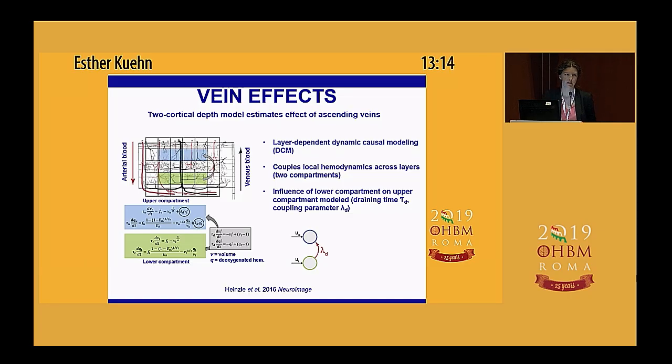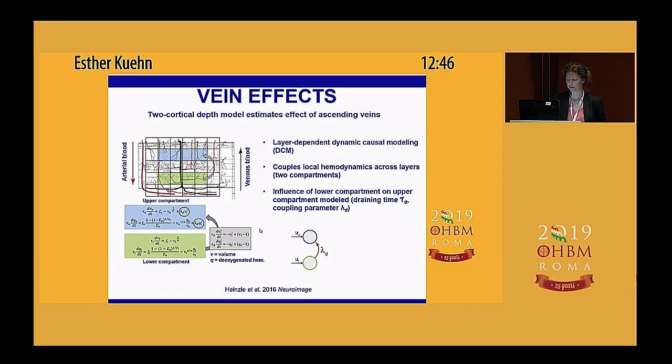Another possibility when you want to focus on connectivity, layer-dependent connectivity for example, is that you can model the influence of different compartments in your dynamic causal modeling approach. Here, what was basically done was a simplified approach of modeling only 2 compartments. So it was assumed that there were just 2 different compartments in cortical depth.